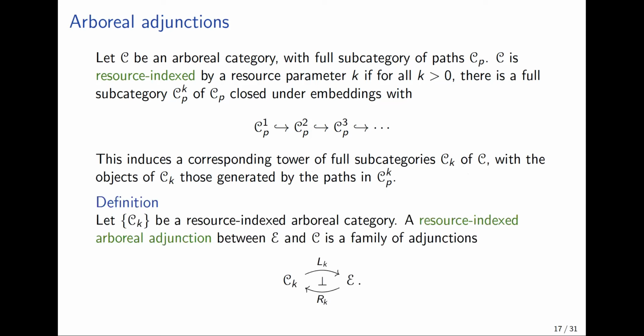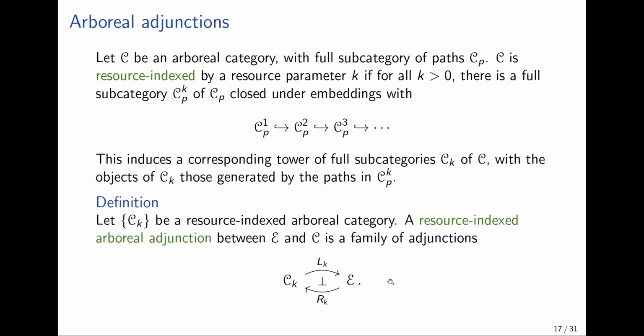And then what you're interested in is the notion of resource-indexed arboreal adjunction between some category E, that's some base category, which typically is a category of sigma-structures, but it could be anything for the moment. And it's an adjunction between this category and the resource-indexed arboreal category. So that's simply a family of adjunctions. Okay? So you have a category C_k, one for each positive integer k, and then you have one adjunction for each k.